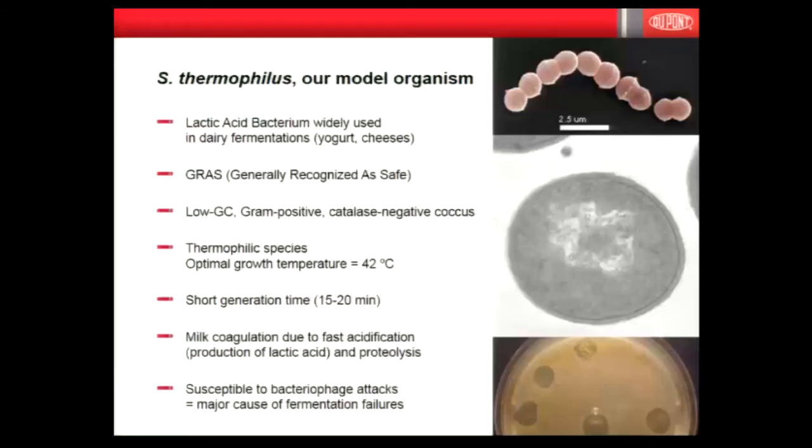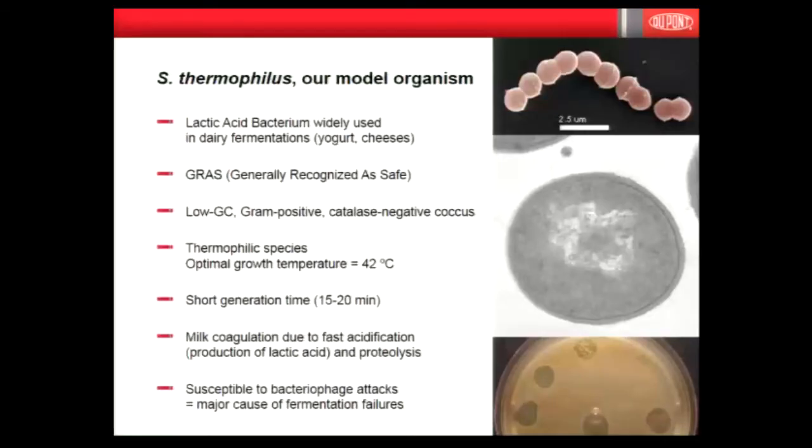At that time, this species was really our white mouse in the lab. It's widely used in the dairy industry to ferment milk into yogurt and different cheeses. It's the single GRAS species in the Streptococcus genus.